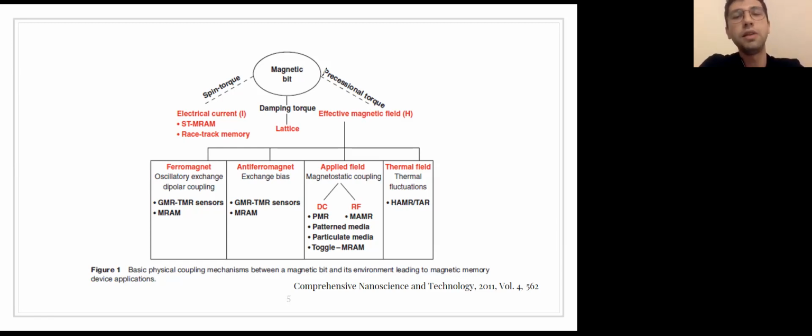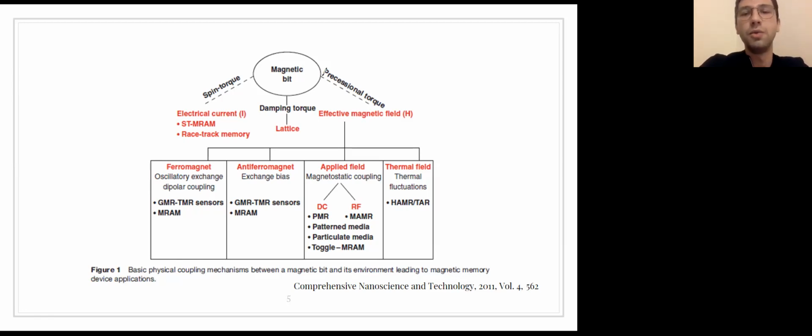I think the more interesting will be the ferromagnetic oscillatory exchange dipolar coupling. I have a good video explaining all of these effects. So I'm going basically on this figure now.